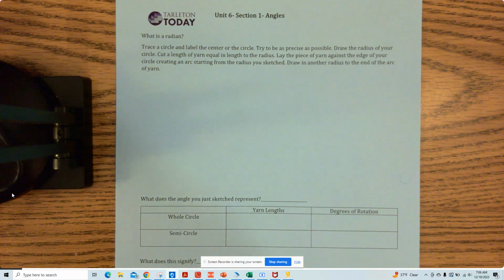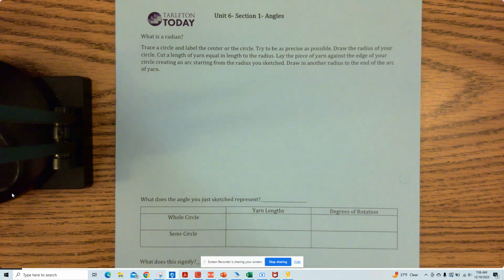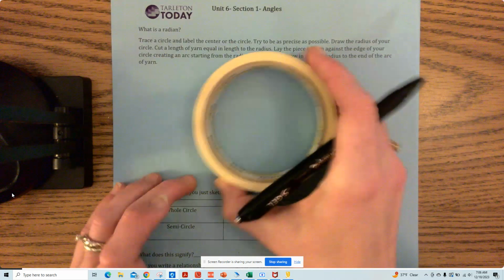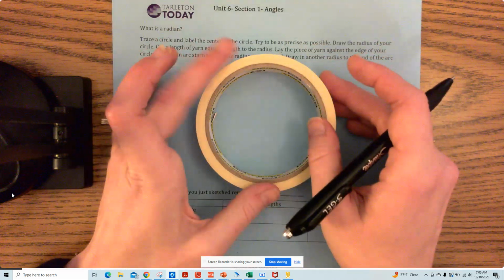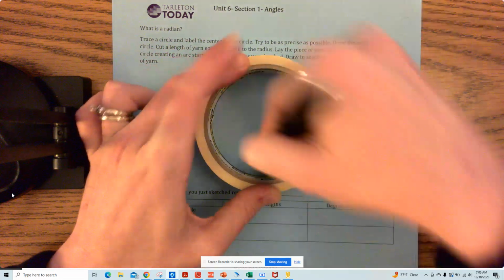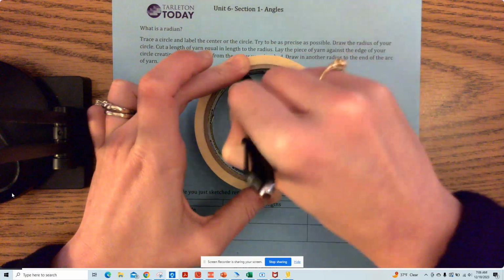I'm trying to think how I'm going to do this. I'm just going to draw a circle, and I will have y'all do the same in class just to get it started. I'm going to use the inside roll of this tape because it's close to what she's got on hers.